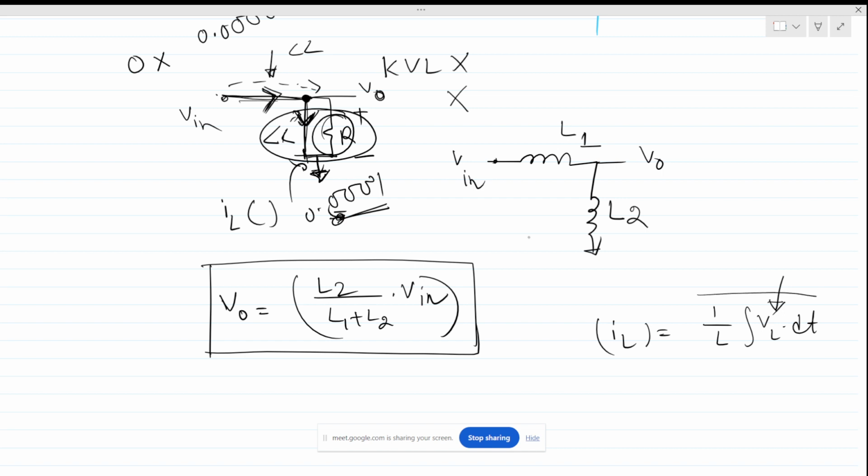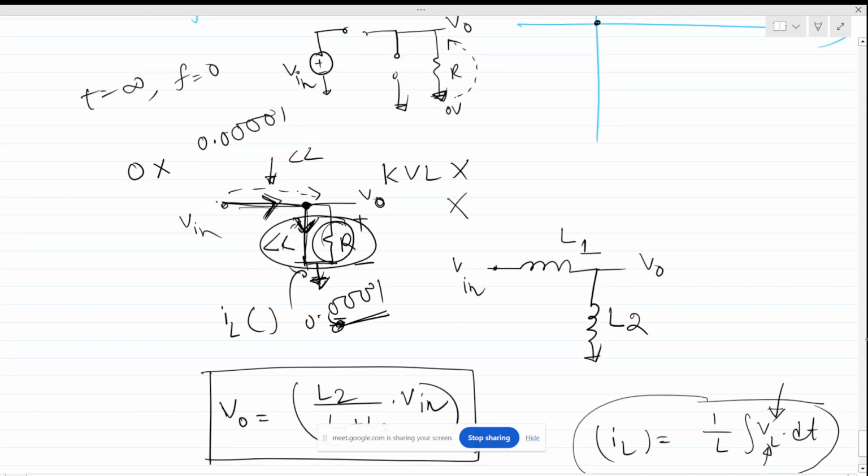We know the expression for the current through an inductor, and infinite current is possible when the VL becomes infinite, right? Now we are saying the VL becomes infinite across these two inductors.